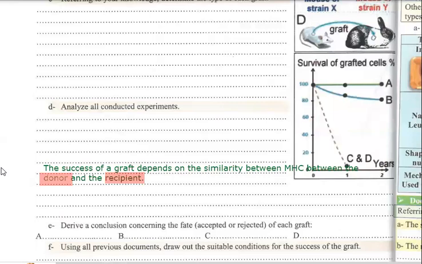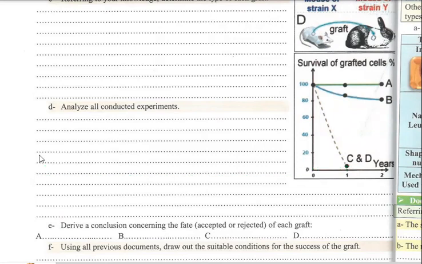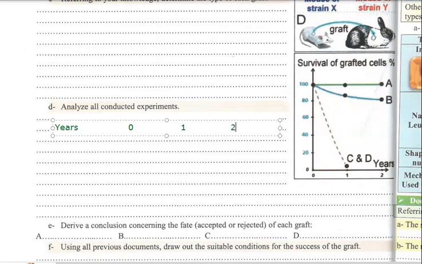You should know that the variable found on the horizontal line, on the x-axis, should be in the first row, and this one in the second row. So what is below becomes above and what is above becomes below. So in the first row we will put years: year 0, 1, and 2. Below, we're going to put survival of grafted cells.